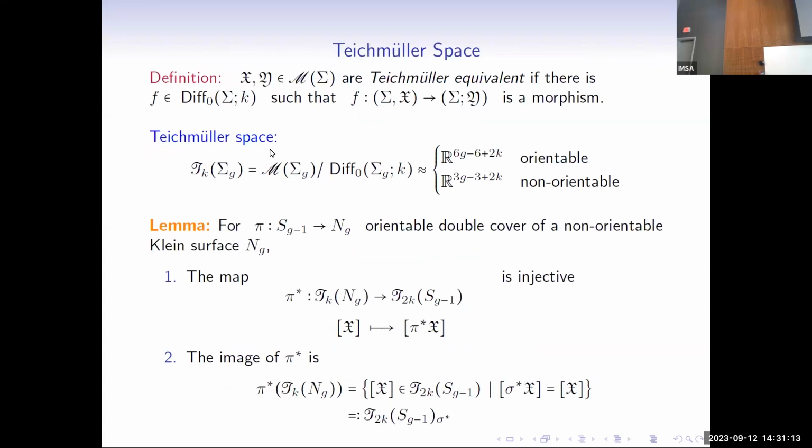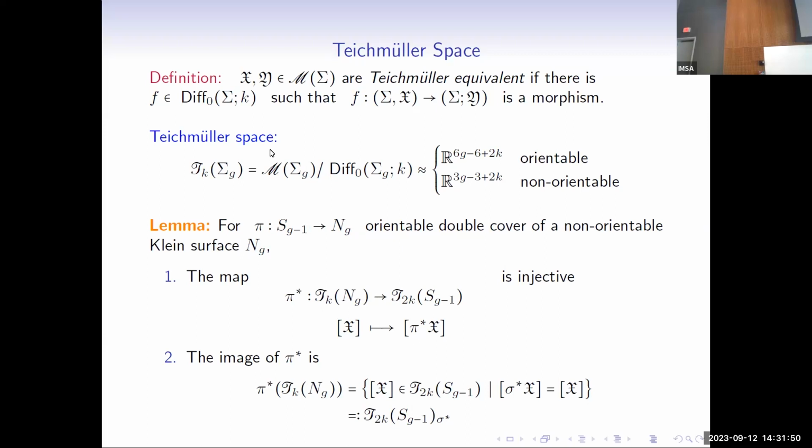Right? So you can try to mimic the definition of the Teichmüller space for Klein surfaces. Namely, you think of two analytic structures and say they are equivalent if they differ by pullbacks by a diffeomorphism which is isotopic to the identity, right?